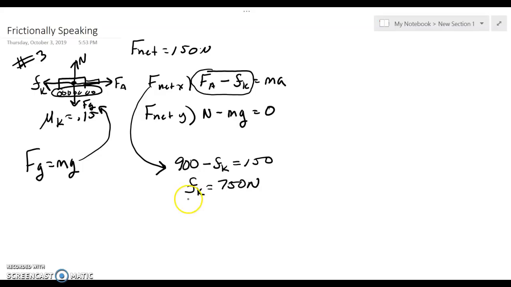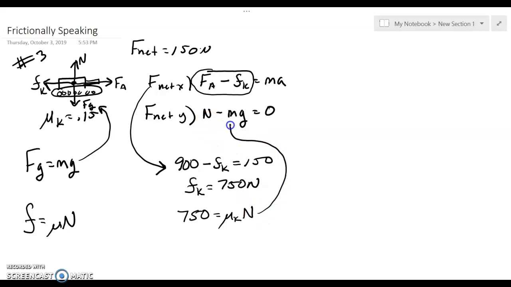Well, we know the equation for friction. Friction is mu times n, so we get 750 equals mu k times n. But n, from our F net y equation, equals, in this problem, mg.